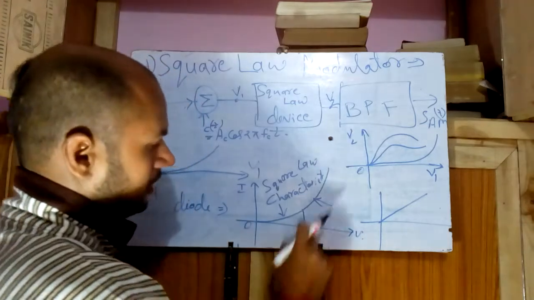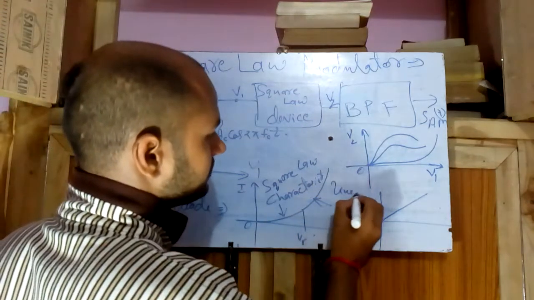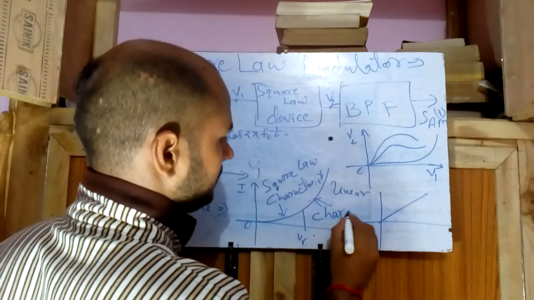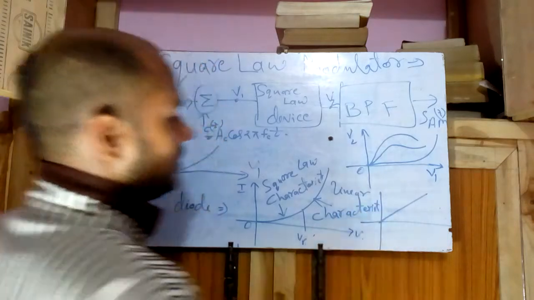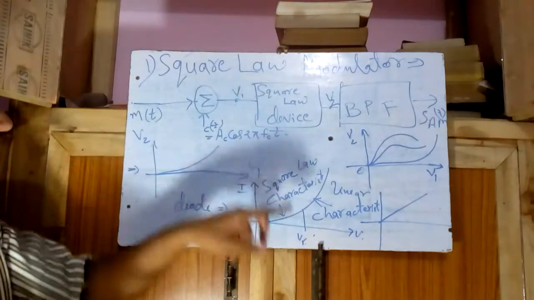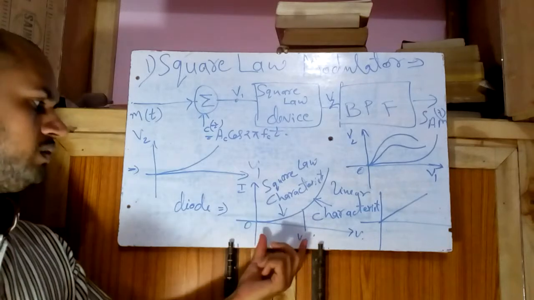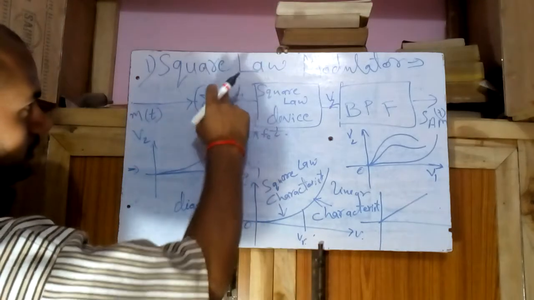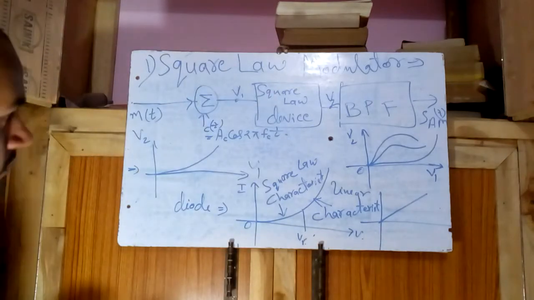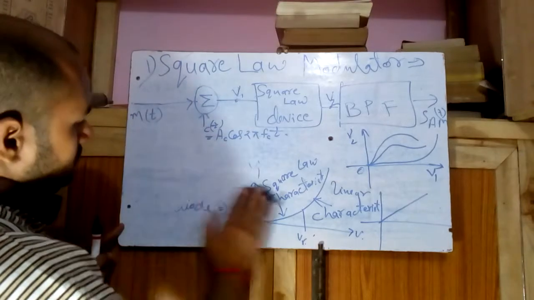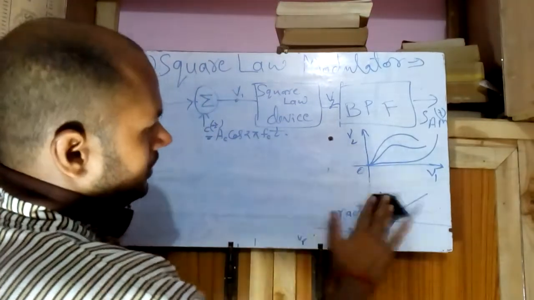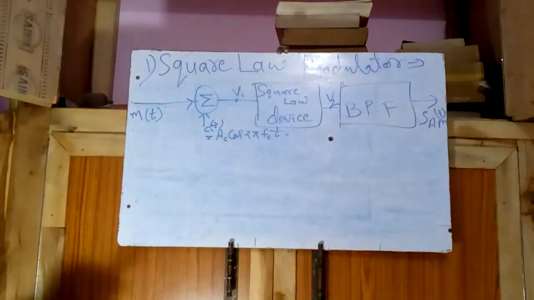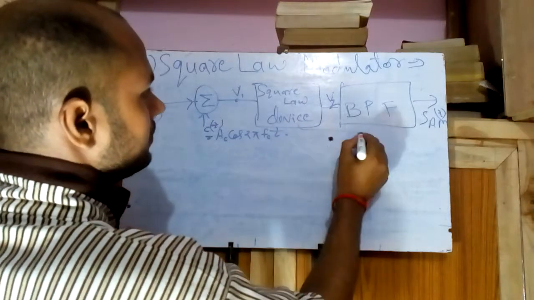But after this it is a linear characteristic. So we need the square law characteristic, that is, the order of V1 should be in the order of the cut-in voltage. Now from here it is clear that we will use the diode as the square law device.